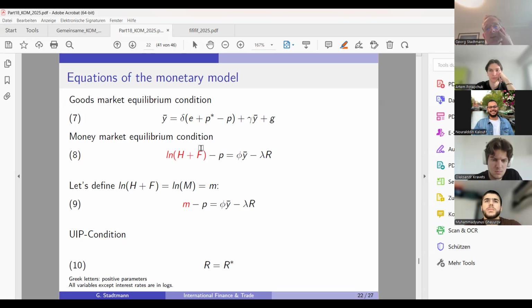In a fixed exchange rate system, the nominal exchange rate is fixed, but we know that goods prices are up, and therefore the real exchange rate will decrease. There is a negative sign in front of P, so when the prices go up, the real exchange rate decreases.